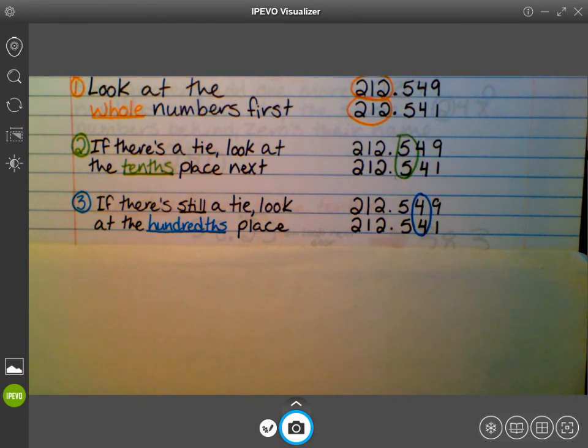Rewrite our 2 numbers and circle the hundredths place. Remember when we spell hundredths, it's the same as spelling hundred with THS at the end.